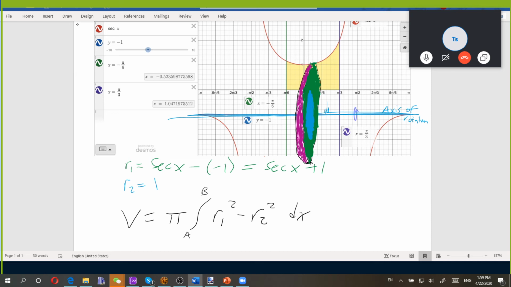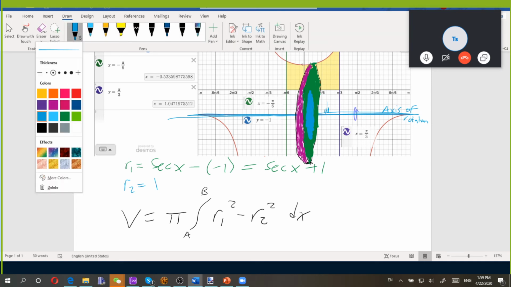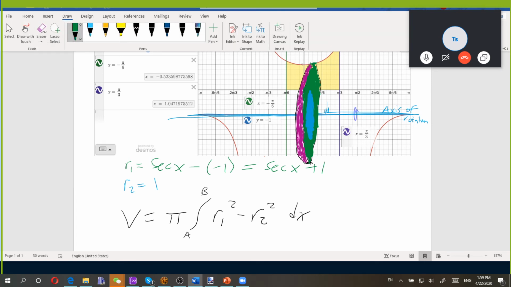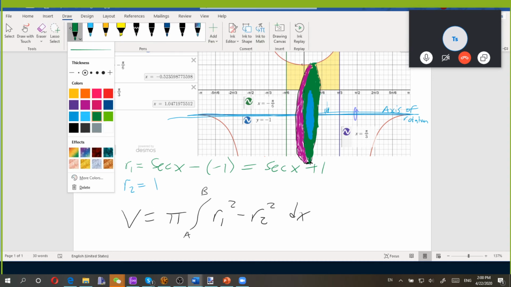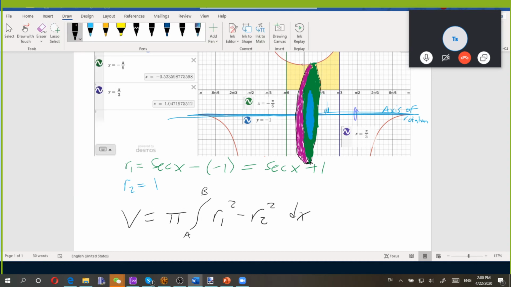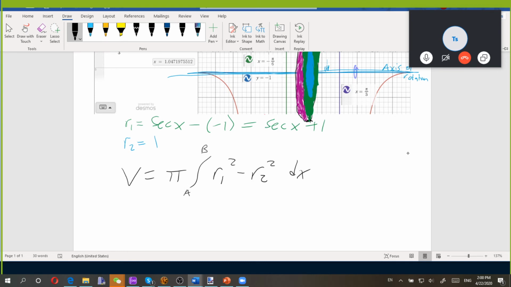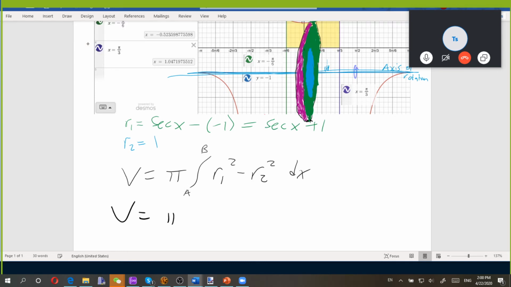Okay, any questions on what we've done so far? All right, so I'm going to plug this in. I've got the area of disk 1, that's the area in green, is pi r1 squared. So our volume is equal to pi times the integral from start point to end point.